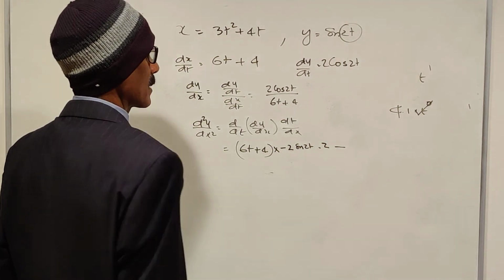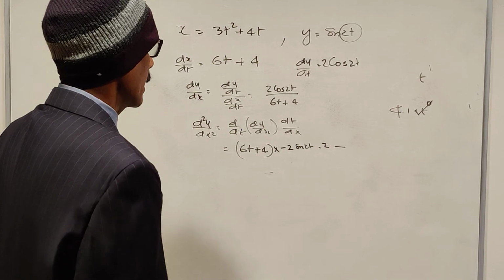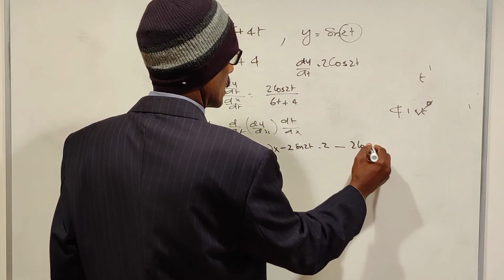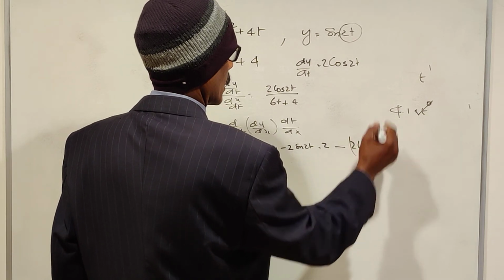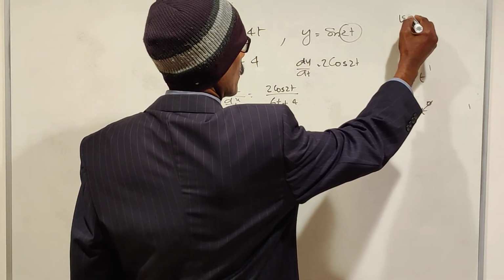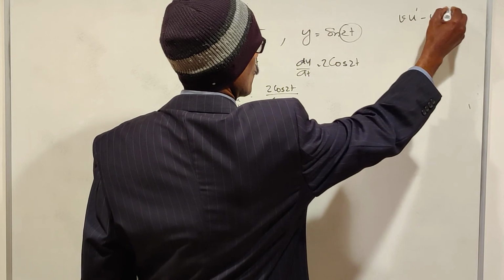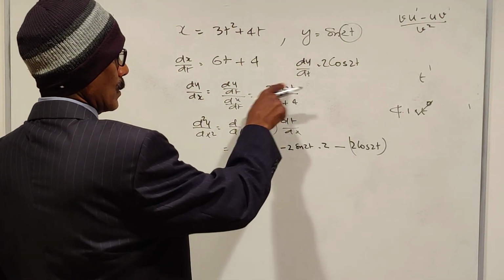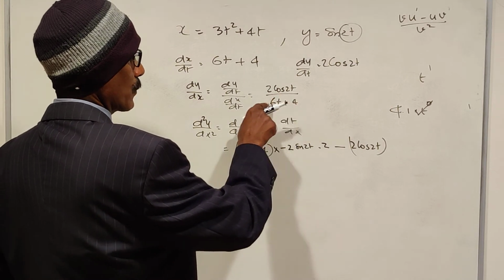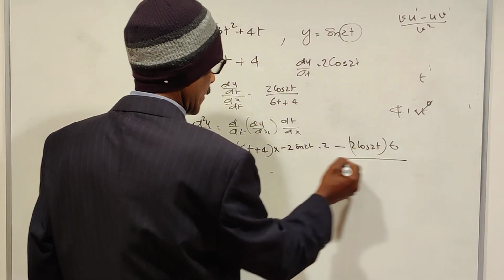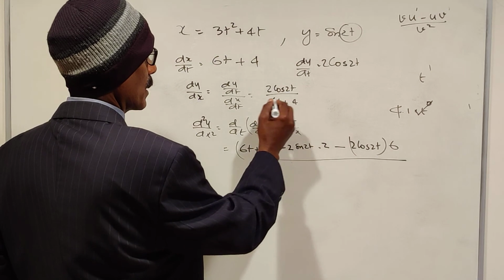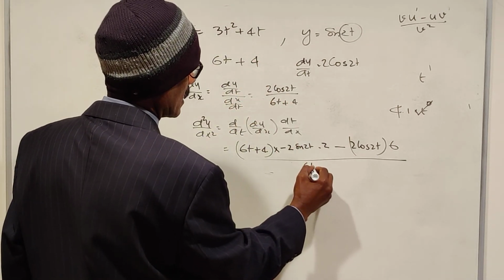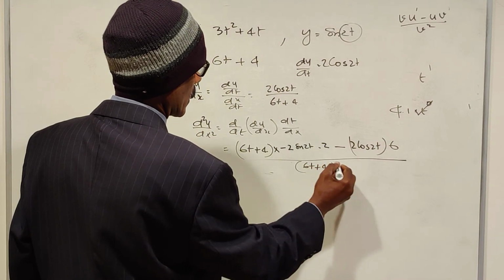Then minus, the formula there is a minus. Then numerator 2 cos 2t. This is the formula, v into derivative of u minus u into derivative of v by v square. Okay, 2 cos 2t into derivative of 6t plus 4 is just 6, divided by 6t plus 4 the whole square.